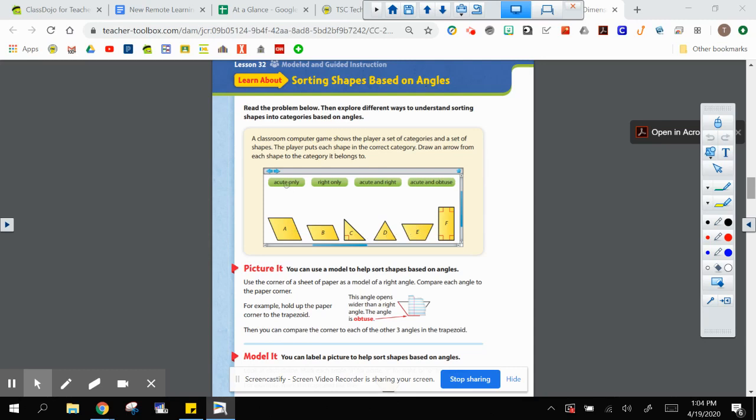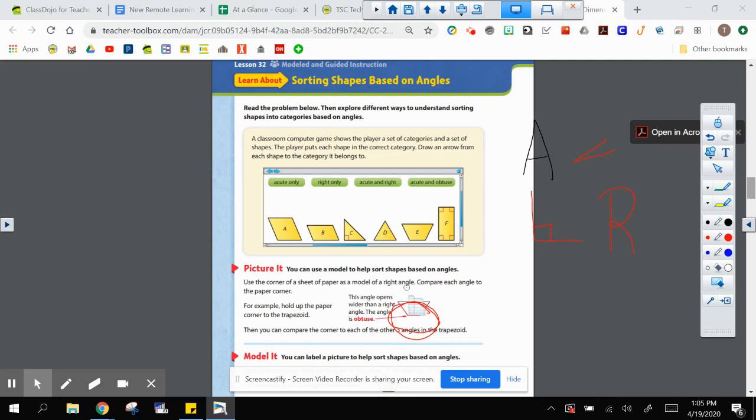So we need to remember that an acute angle is less than 90 degrees. It's small. It's a cute little angle. A right angle is what we would see if we had a piece of paper. We practiced this in class, using the corner of a piece of paper and setting it inside the shape to tell if it has a right angle or not.